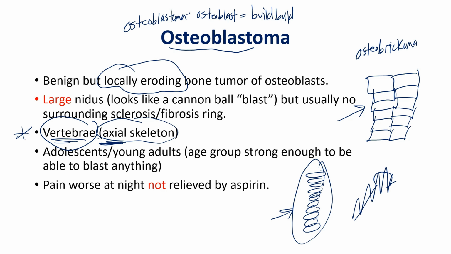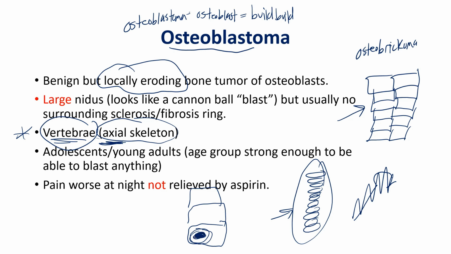And then when you have it in a vertebra, for example, say this is a vertebra, here's a stack of them, and the tumor is, let's say, right here, you're going to see what's called a nidus. We're going to go back to this. This is the central part of the tumor itself, from which all of it is basing out. So there's a central nidus. Now it's going to be rather large. If this was the bone tumor, the nidus is going to be very large in comparison to the tumor.